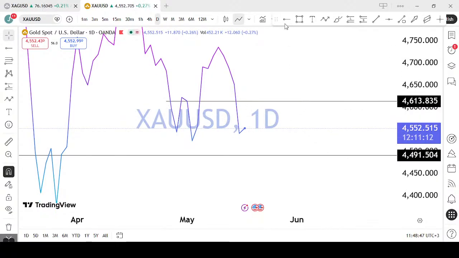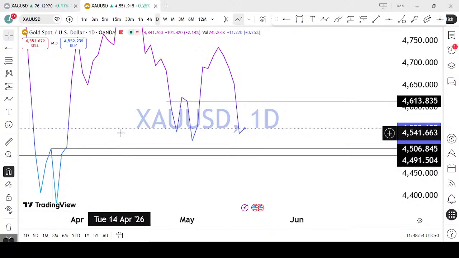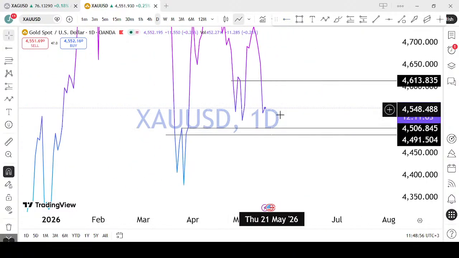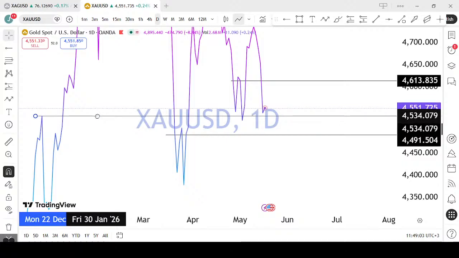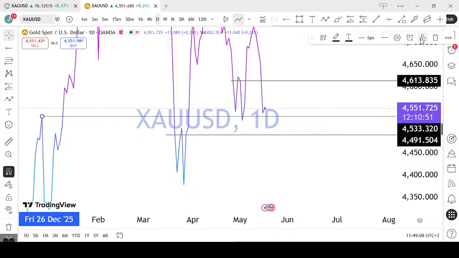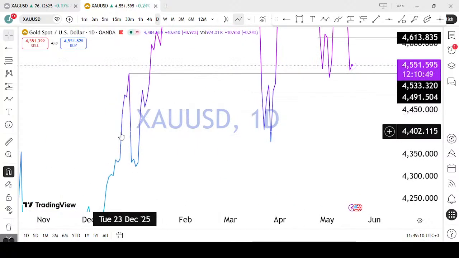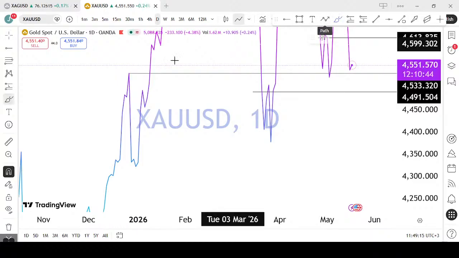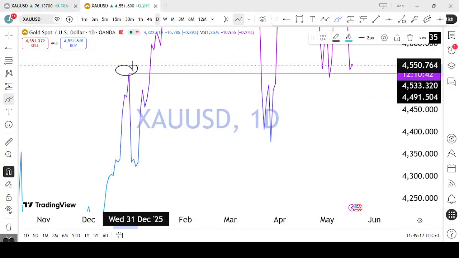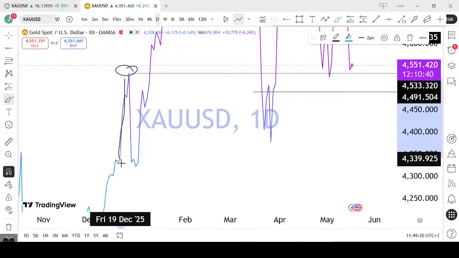As we see here, there is support at this area that the market has created. Let me show you clearly. There is a support level. We consider this support level as generated from this position, because as you can see, the market after trending up at this position immediately made a retracement.